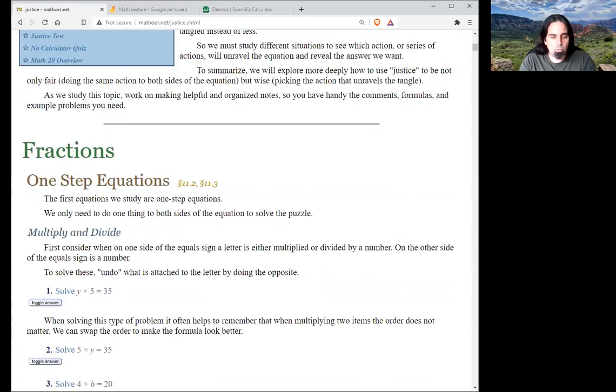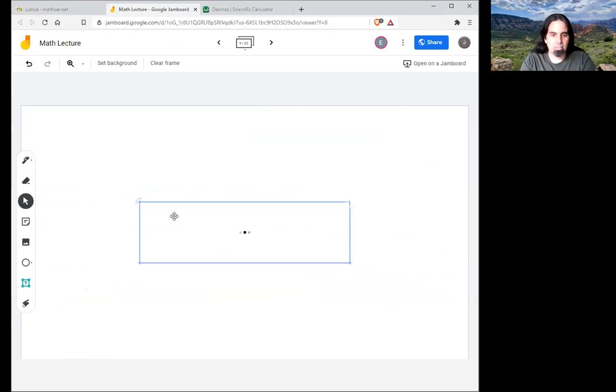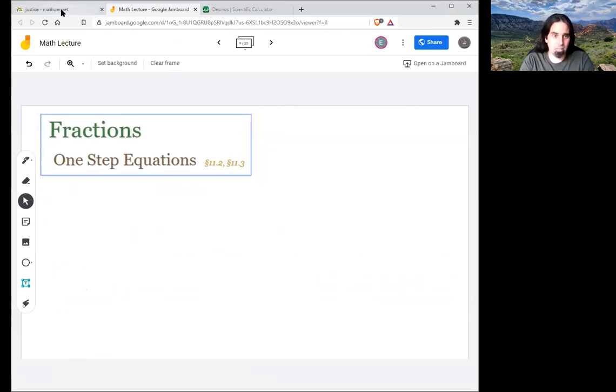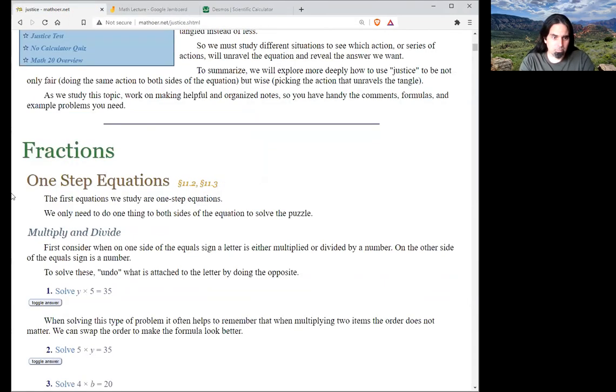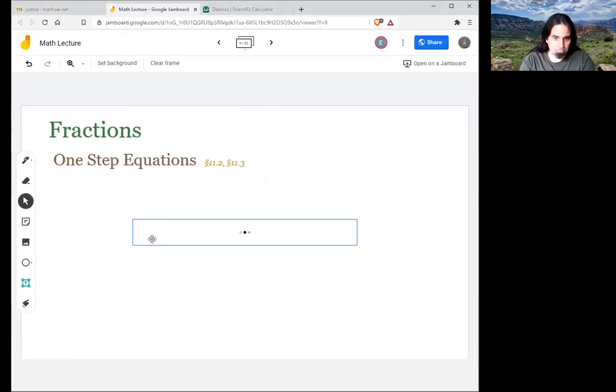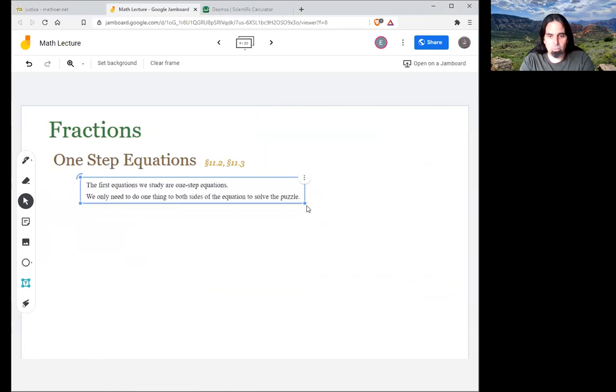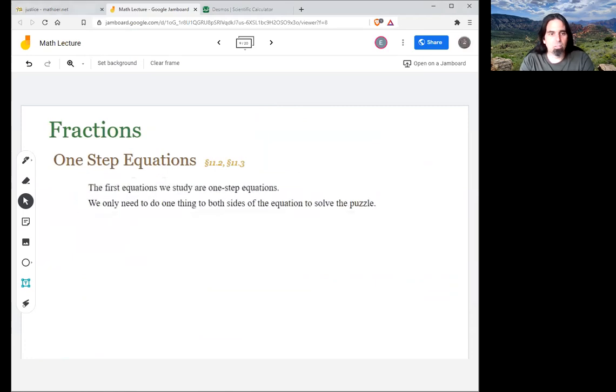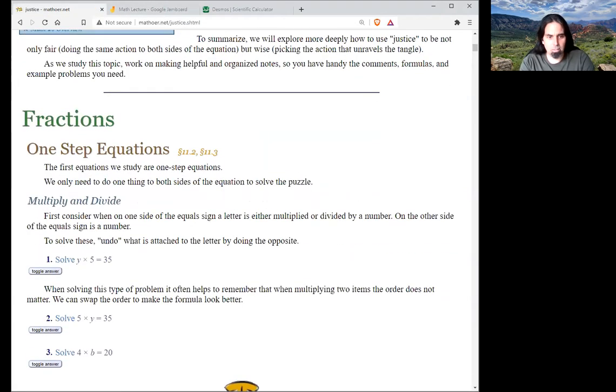So the first thing we're going to look at are one-step equations. We can think of them like a puzzle. And at this point, I will stop talking because Sukoya wanted to do this one.